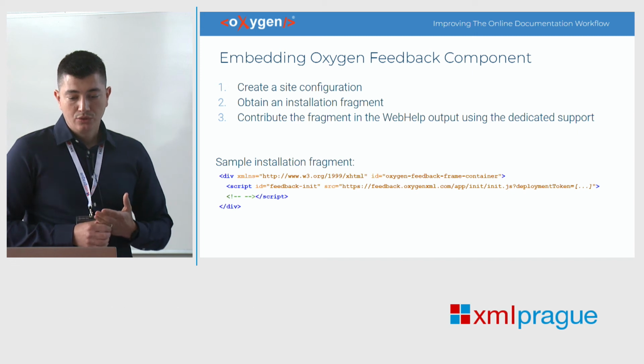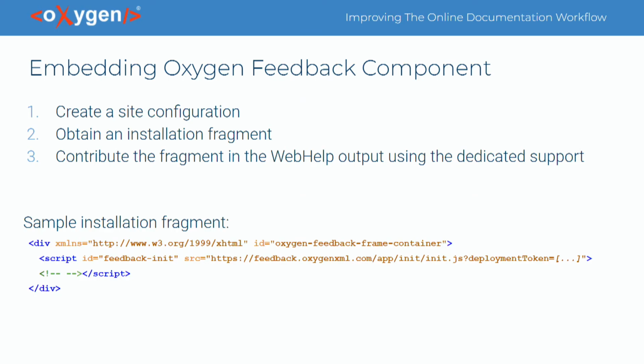In order to add Oxygen feedback component to your online documentation, first you need to create a site configuration. To create a site configuration, you will need a user with an admin role assigned.